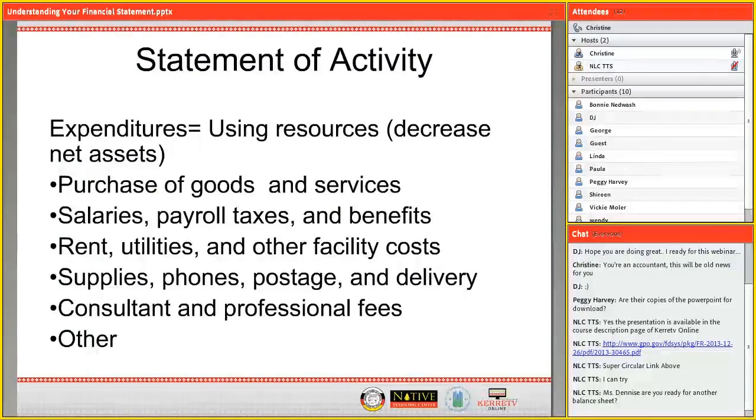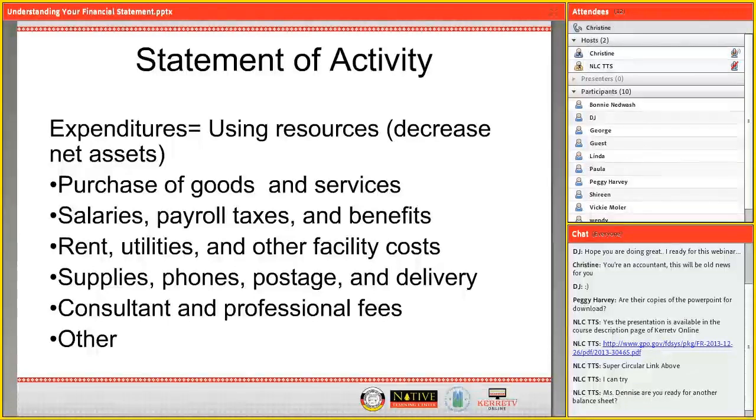Okay, statement of activities also. Expenditures, using your resources, which will decrease your net assets. Purchases of goods and services. Anytime you buy anything, it's going to show up on your statement of activity. If you're doing a bunch of rehab work, if you've got a high modernization rehab budget, then all of those supplies that you purchase are going to go through there.